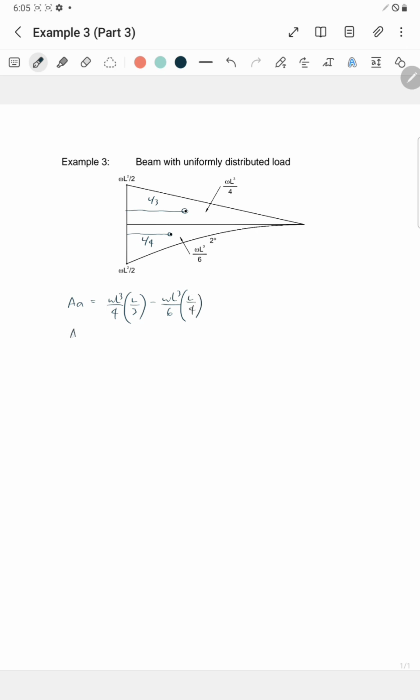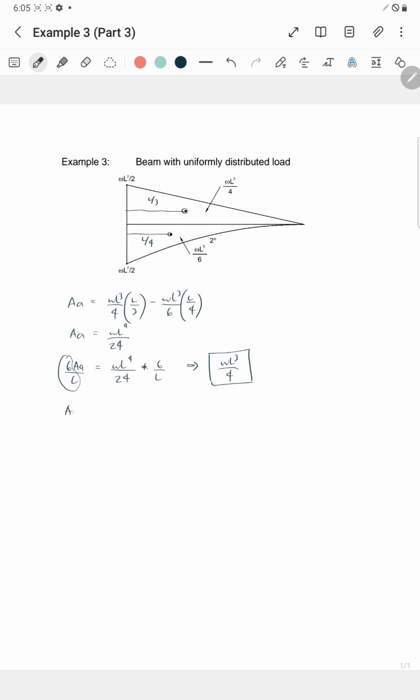Okay, then simplify. So AA is equal to WL raised to 4 over 24. And then multiply the result by 6 over L. And simplify. So we obtain WL cube over 4. So yan ang formula for 6A over L ng simple beam subjected to a uniformly distributed load.